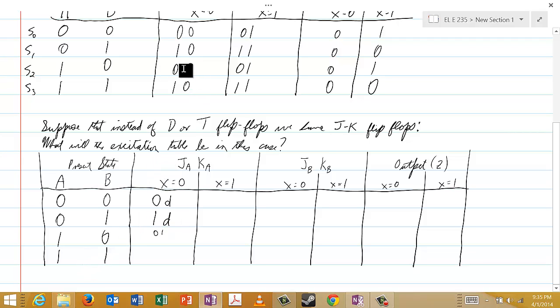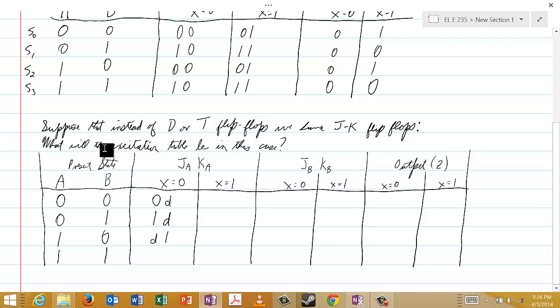So that would give us our 0 here. But another possibility would be 1, 1, because 1, 1 will make the output toggle, and that's what's happening here: we're going from a value of 1 to a value of 0, so the output is toggling. So if either 0, 1 or 1, 1 is fine, then we could write this as D, 1.